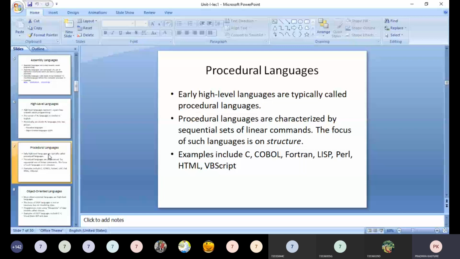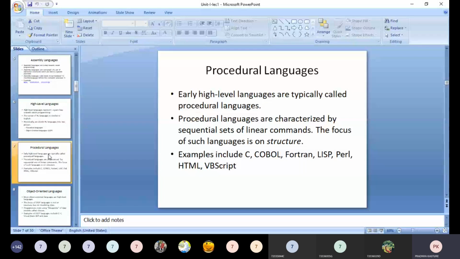Examples include the C language, COBOL, Fortran, Lisp, Perl, HTML, and VB script. All these languages come into the category of procedural languages. This came early, in the 1970s. Initially it started with the C language, which became very popular at that time.